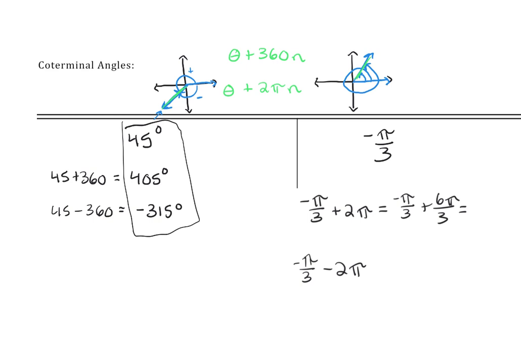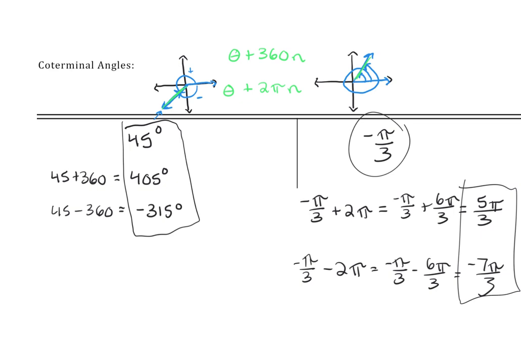So this would be 5 pi over 3 and this would be negative 7 pi over 3. So these three angles would all be at the same location.